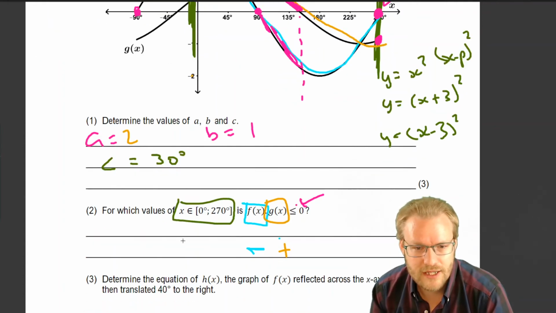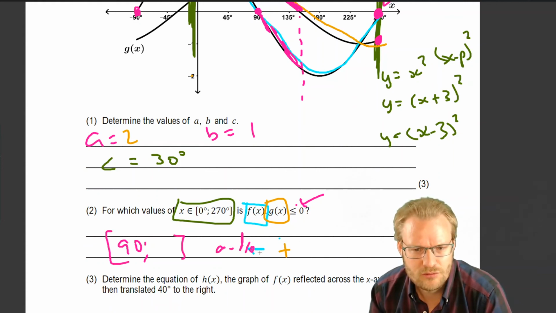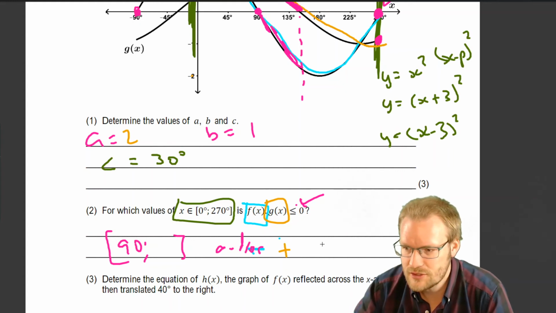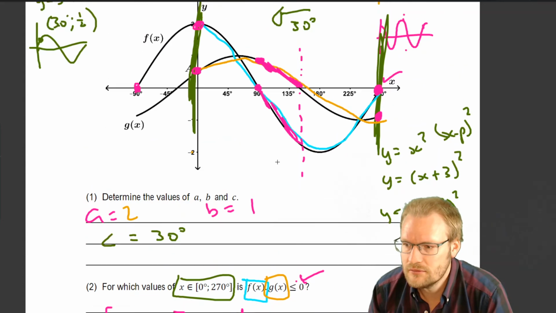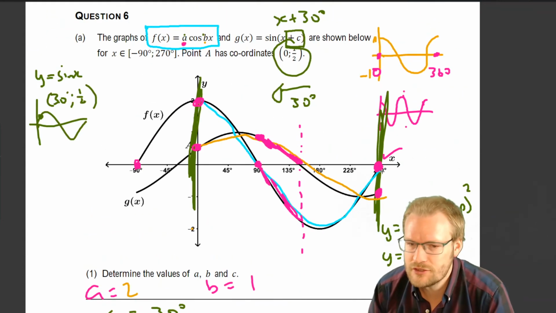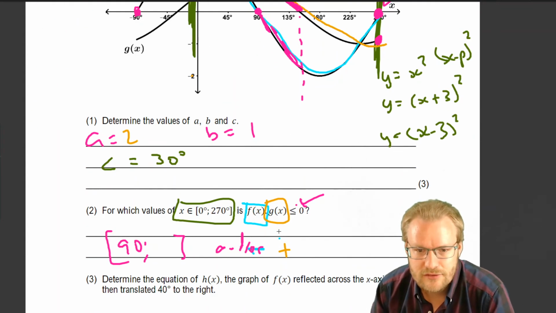So we've got between 90 and that mystery value, including, and, or, not interested in ands and ors at the moment. Wasn't this at 270? Yeah.